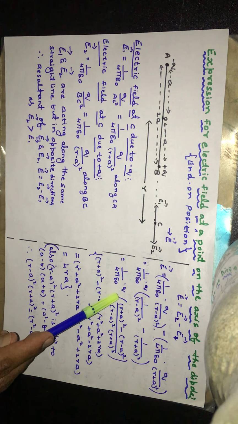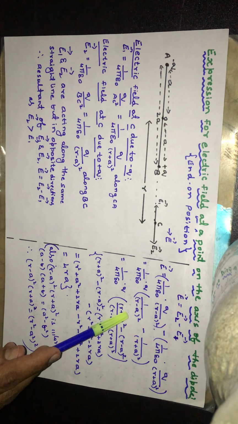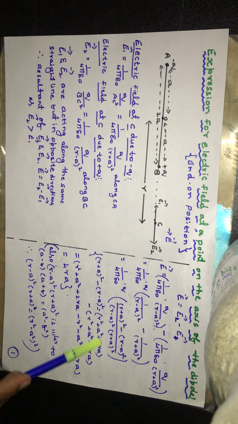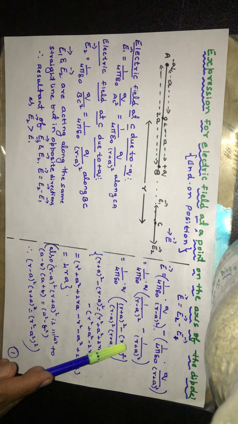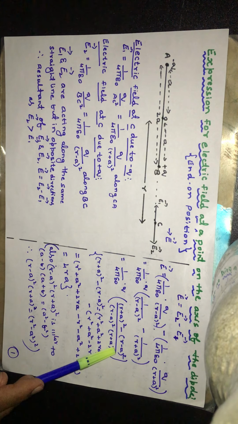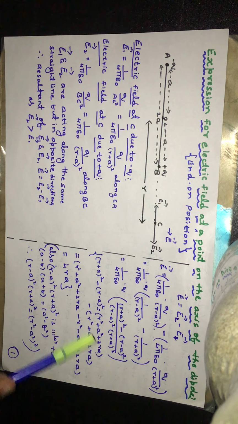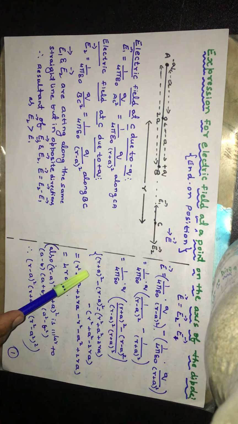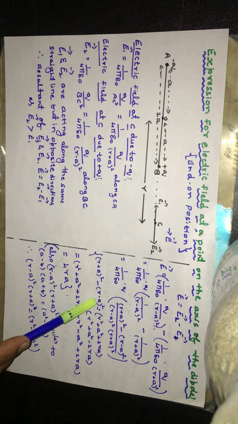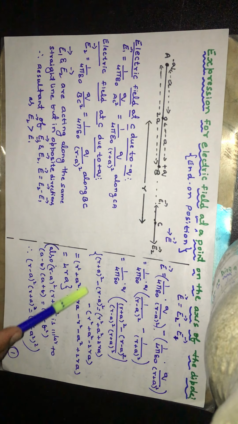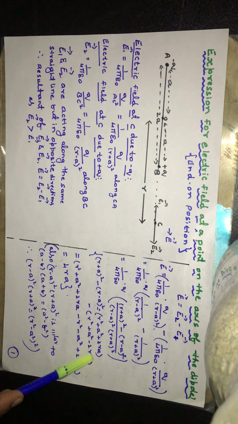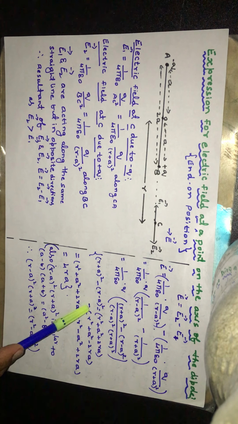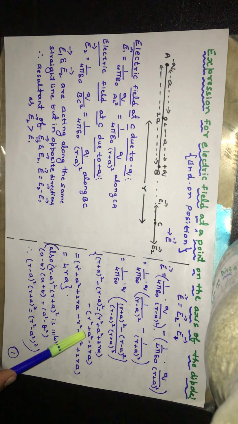1 by 4 pi epsilon naught into Q into, see, the LCM would be (R minus A) whole square into (R plus A) whole square. And the numerator would be (R plus A) whole square minus (R minus A) whole square. If you simplify this, (R plus A) whole square is R square plus A square plus 2RA, minus (R minus A) whole square, which is R square plus A square minus 2RA.